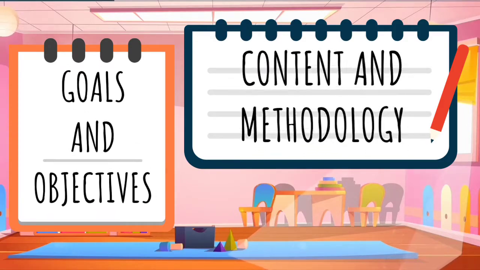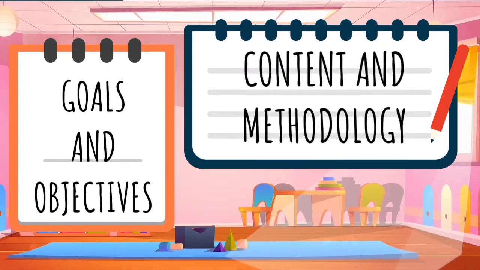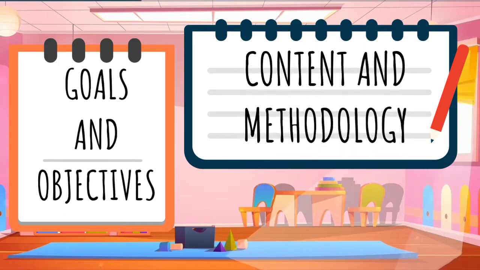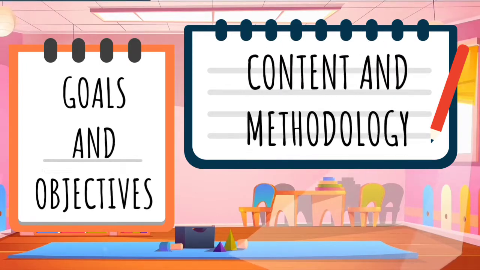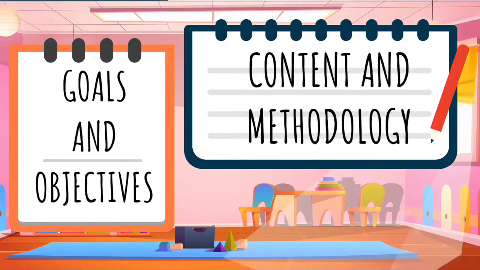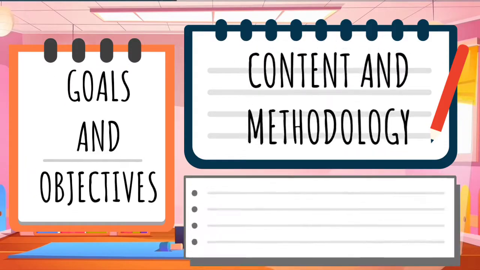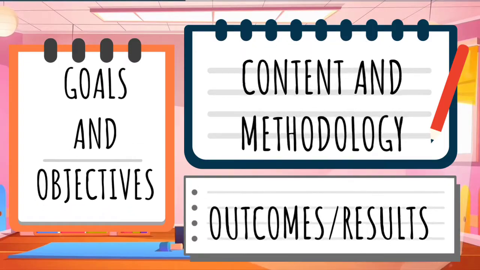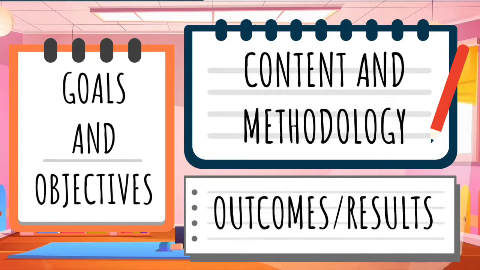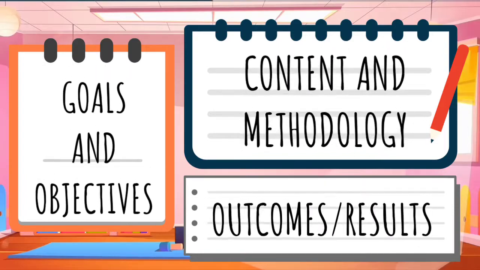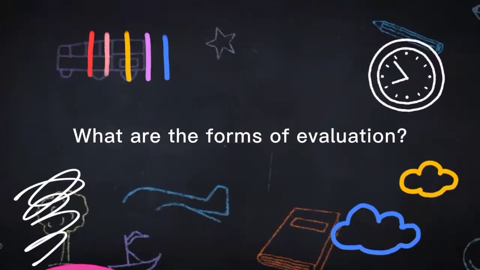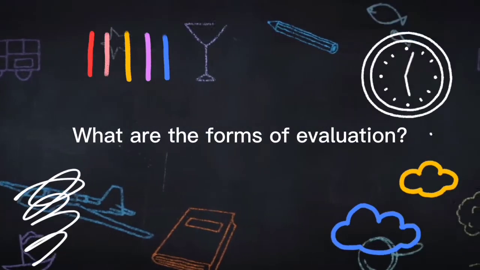Contents of the developed curriculum or any educational program need to be examined and evaluated in order to determine whether they relate to the needs of the learners for whom the curriculum was developed. Lastly are the outcomes and the results. Outcomes evaluation is conducted to draw out information and data that can be used in improving the curriculum as a whole.